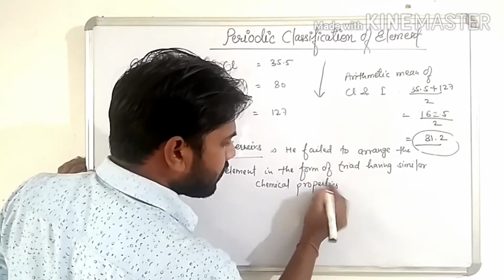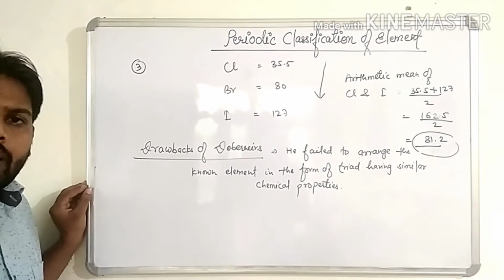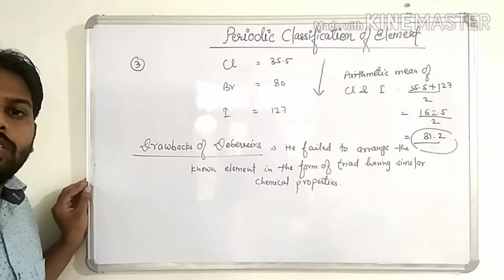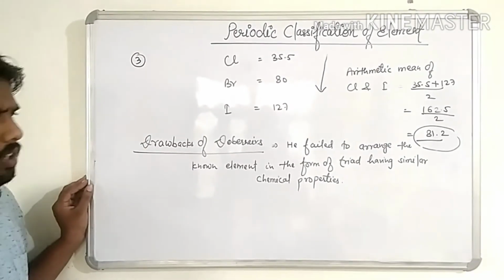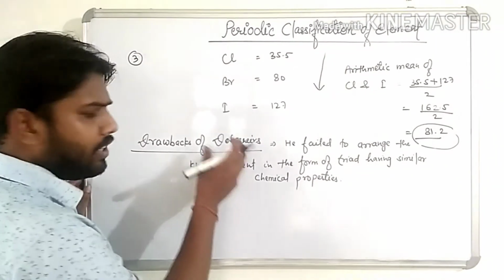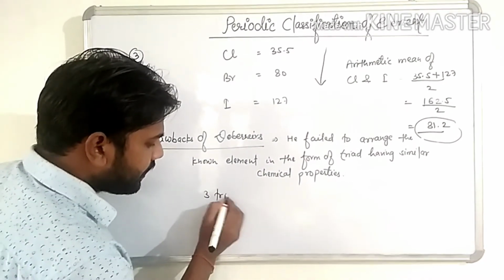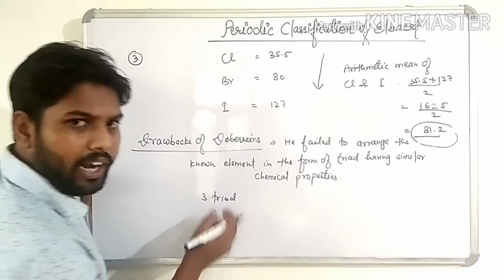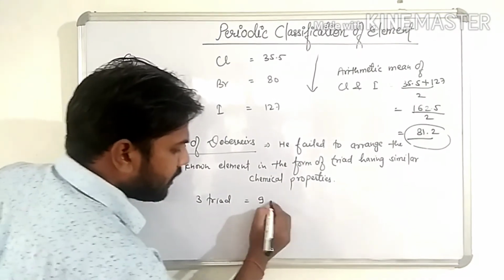Okay, children, at that time 56 elements were known at the time of Dobereiner. And how many triads did he make, children? Three triads. One triad contains 3 elements, so 3 triads contain 9 elements.